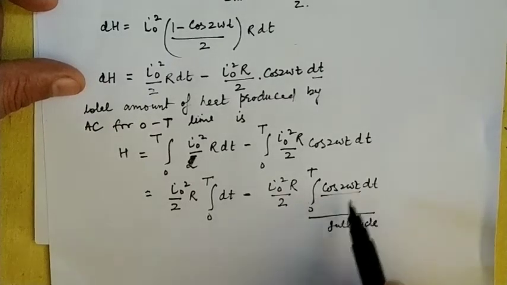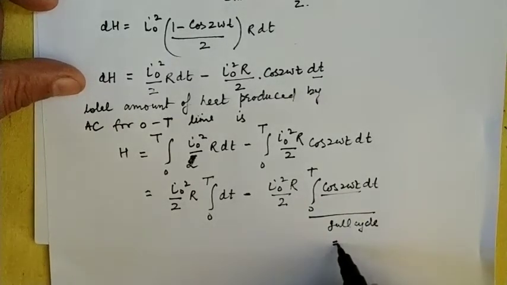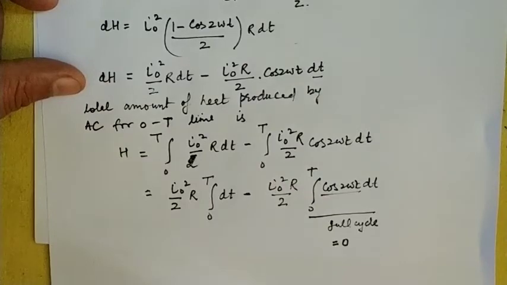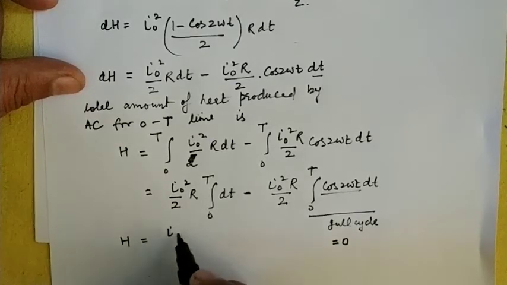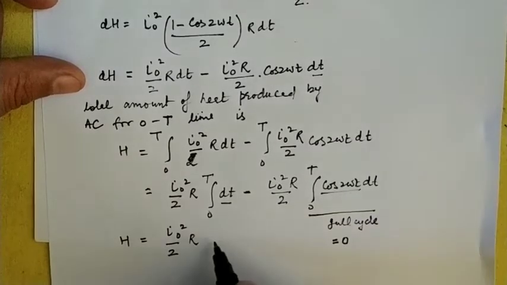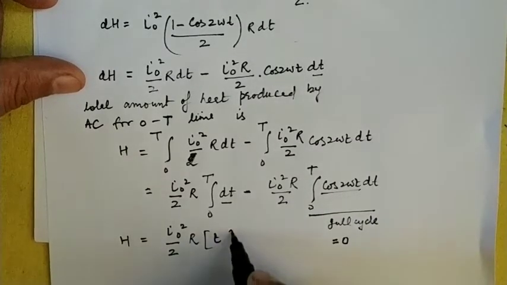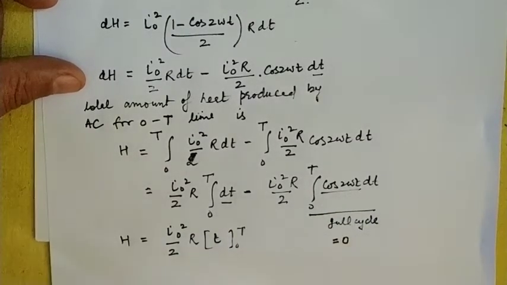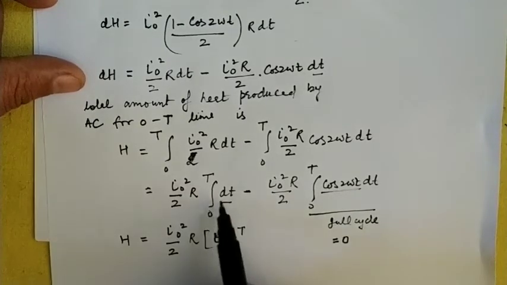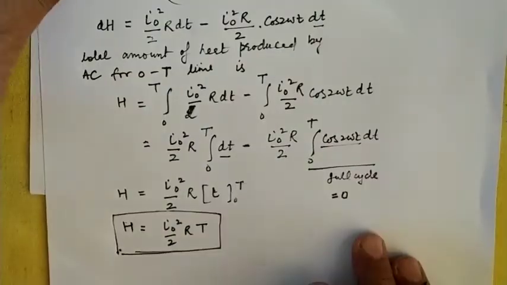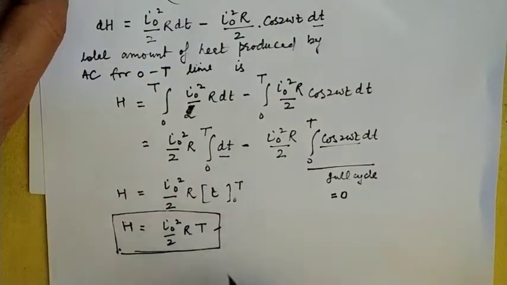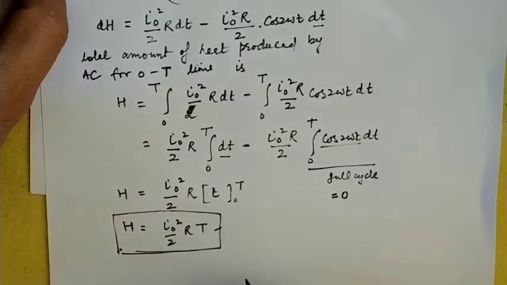The integration of this part for a full cycle is always equal to 0. So this whole term is equal to 0. So we are left with the amount of heat produced equal to I naught square divided by 2 R. Integration of dt is simply small t from 0 to capital T, which is the total time. What is the total time? Capital T. So this is the total amount of heat produced for a full cycle.